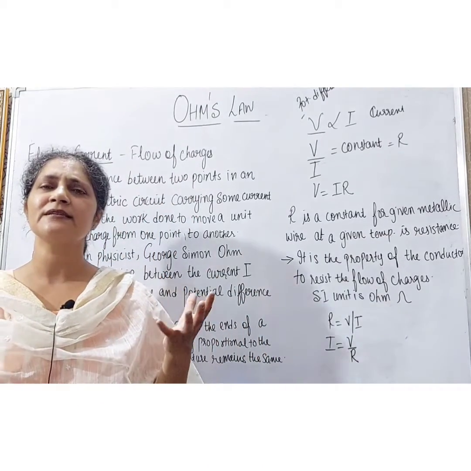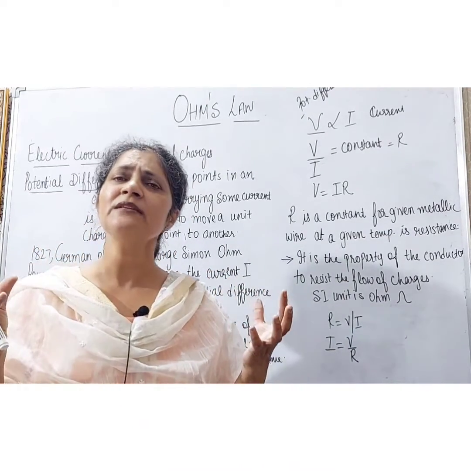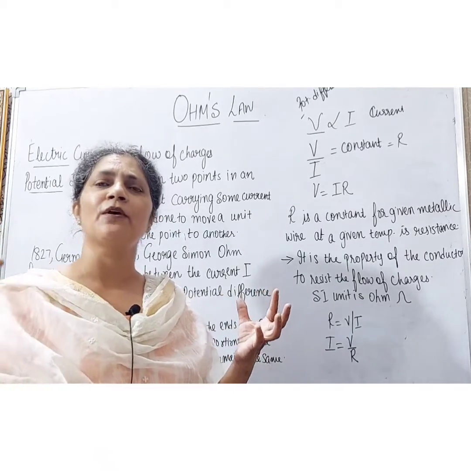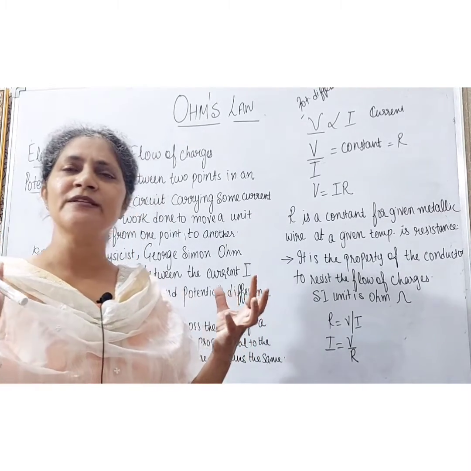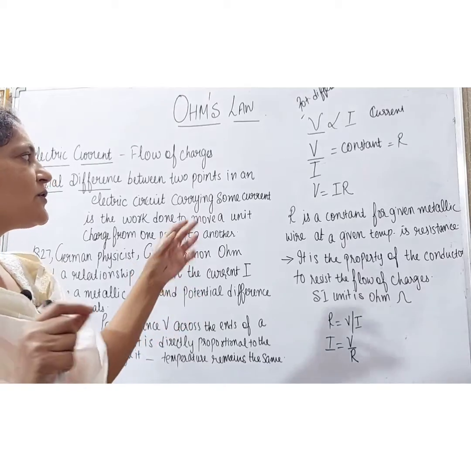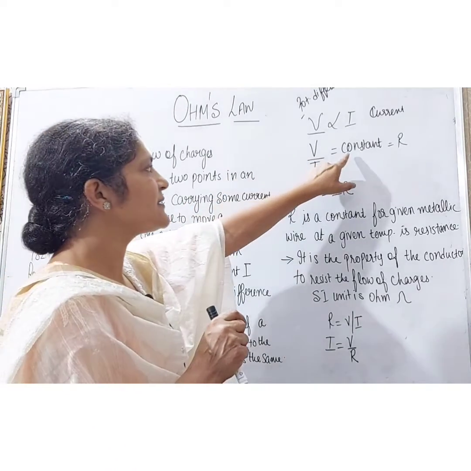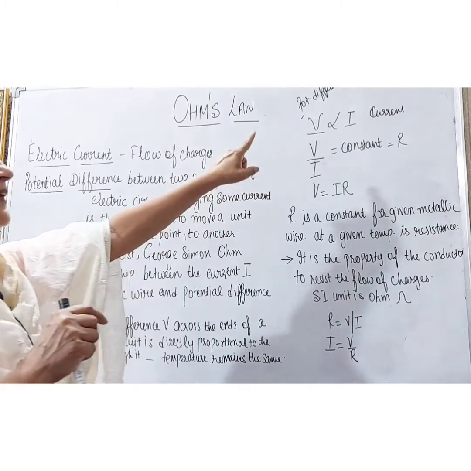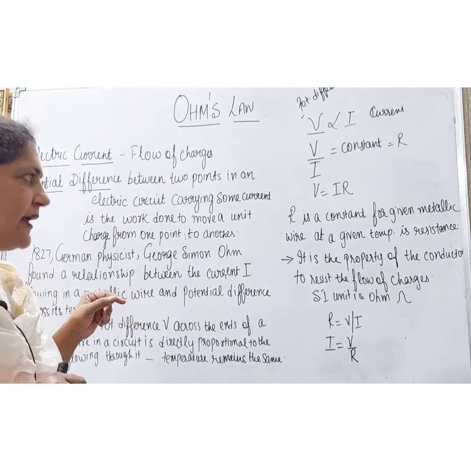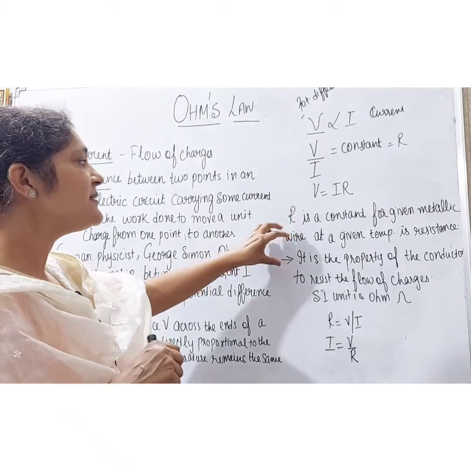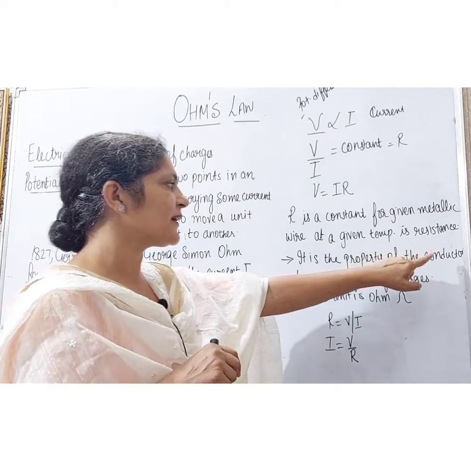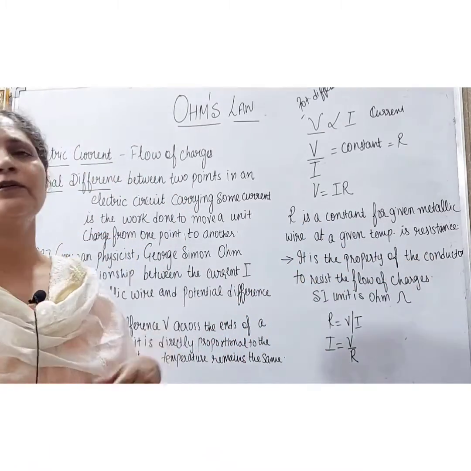Resistance, what does resistance mean? Resistance means to resist, to stop the flow of charges, which is known as the electric current. So we put the resistance R as a constant in place of the proportionality. What is resistance? It is the property of the conductor to resist the flow of charges.